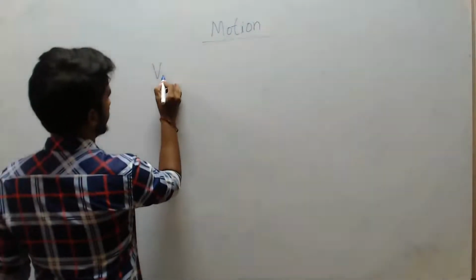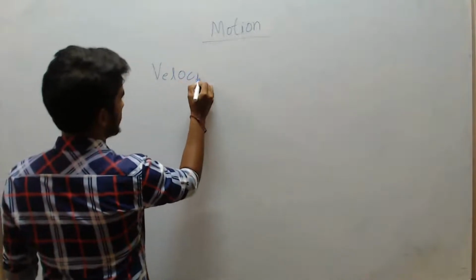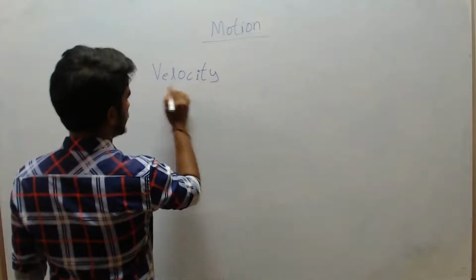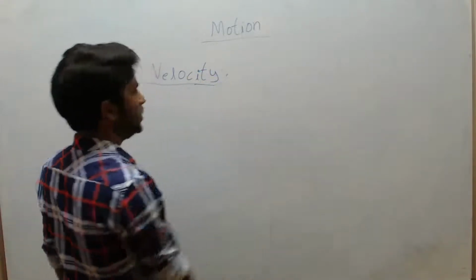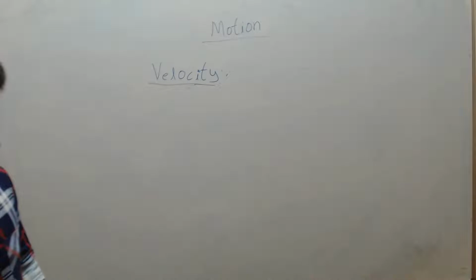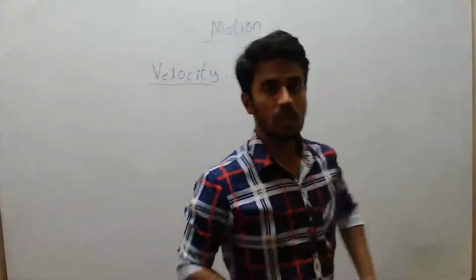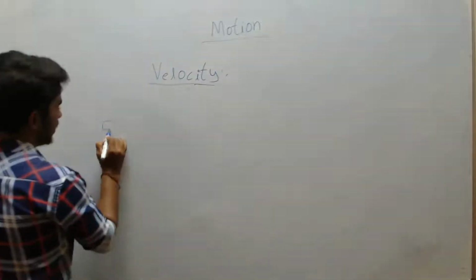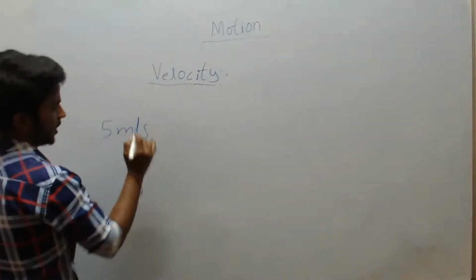Velocity. See here, one object is traveling from one place to another with a speed of say 5 meter per second.